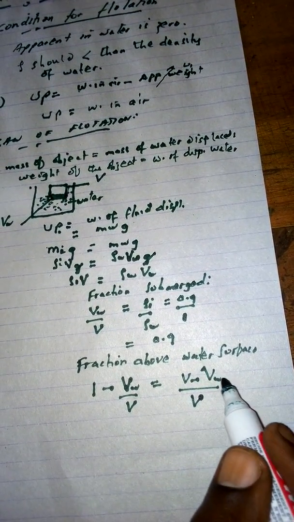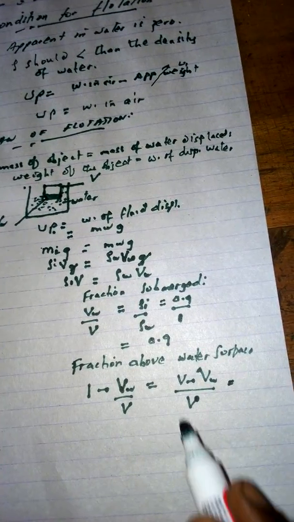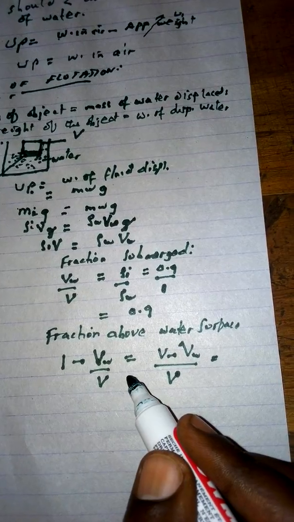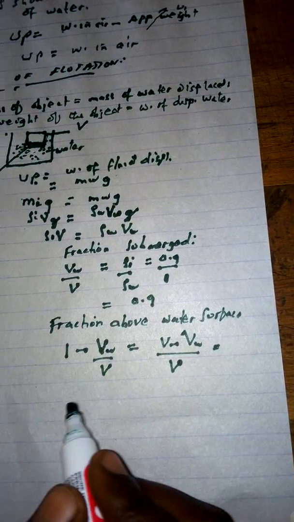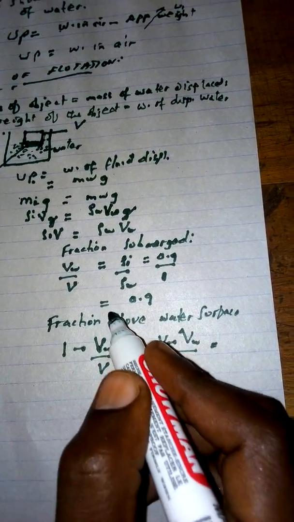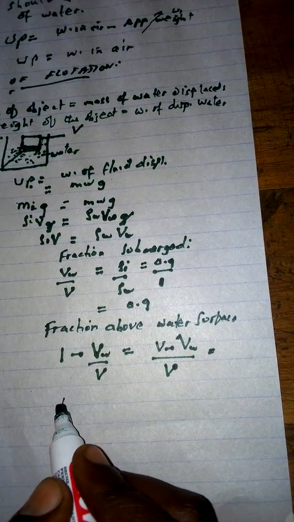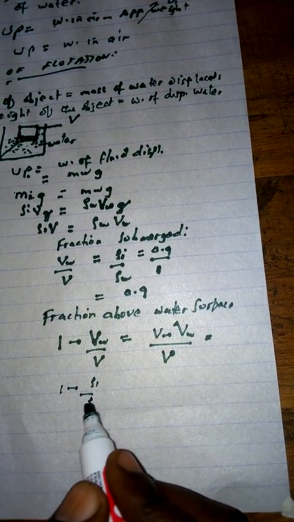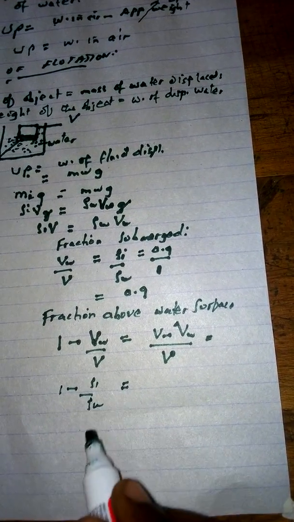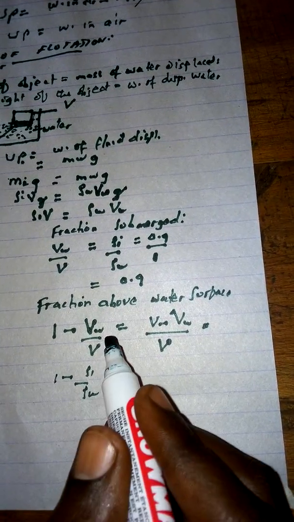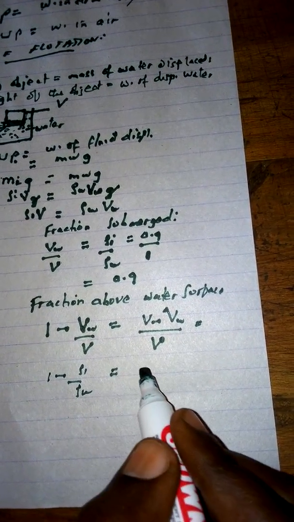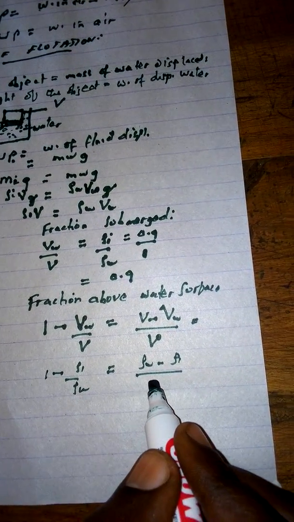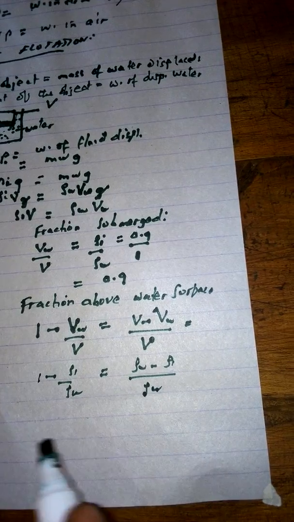So this will be the fraction which is above the water surface. All right? But also you can use the density. You can take the fraction which will be above the water surface as 1 minus the density of ice divided by the density of water. So you can also obtain the fraction which is above the water surface by using density of water minus density of ice divided by density of water.